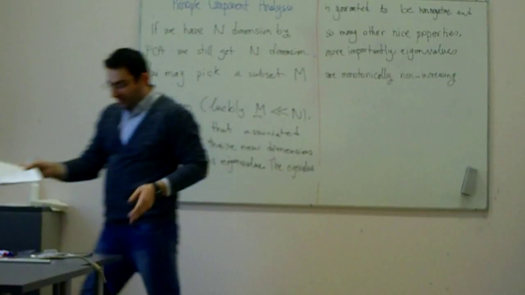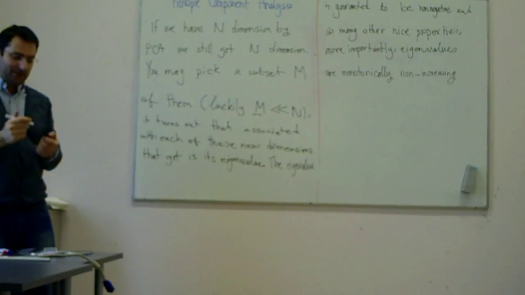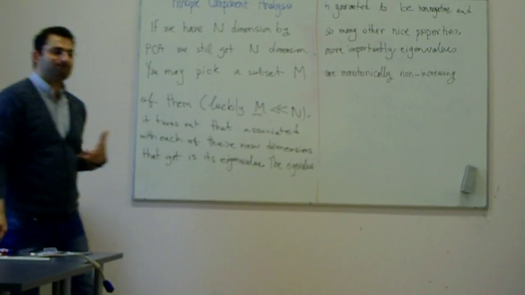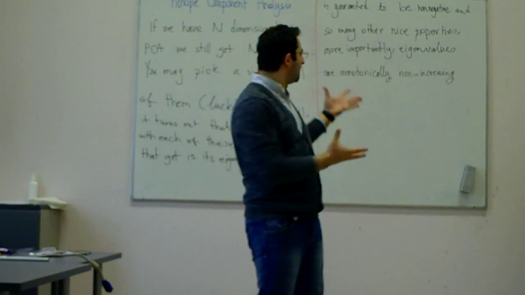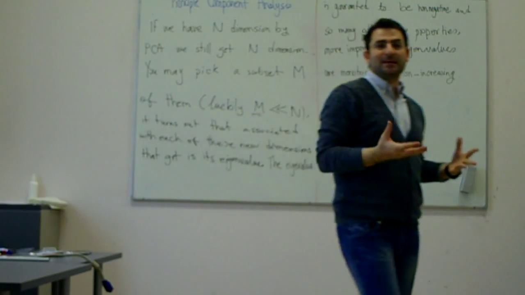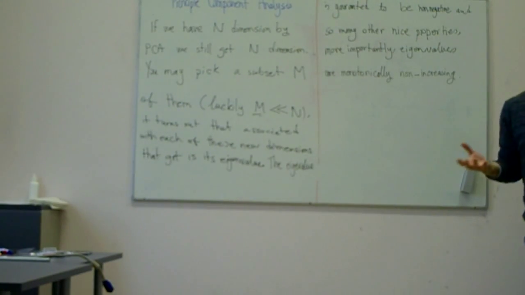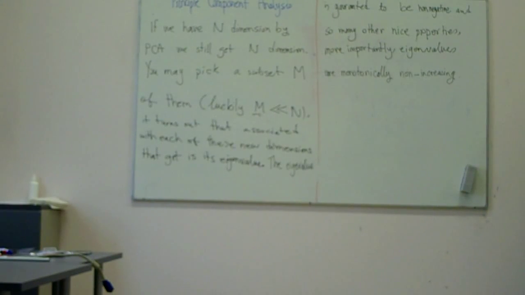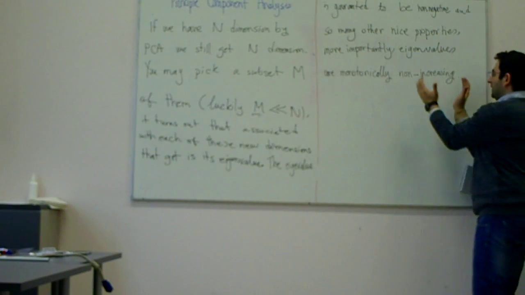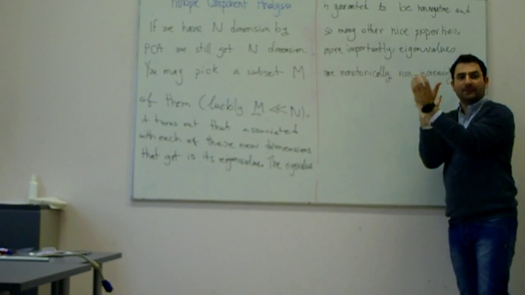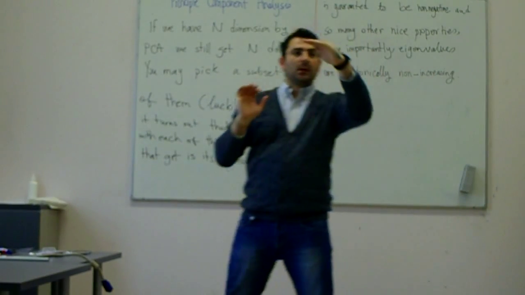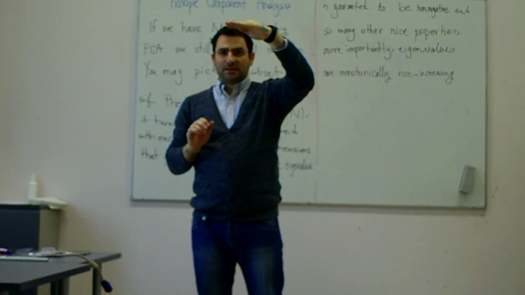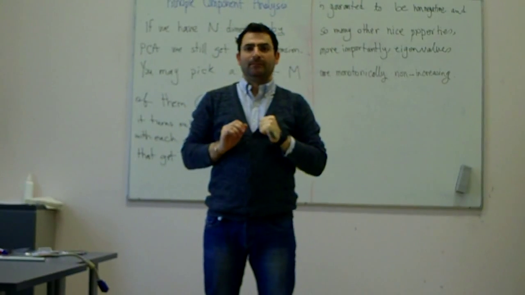Is this very important, more important than the previous one? Why is this crucial? What do I want to conclude from this sentence? Eigenvalues are non-increasing. First, what does non-increasing mean? It's stable or the same, or it is decreasing.